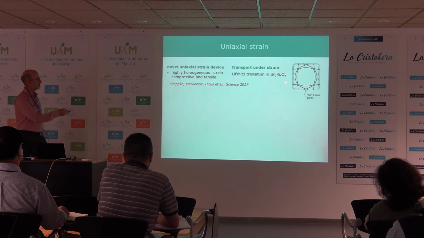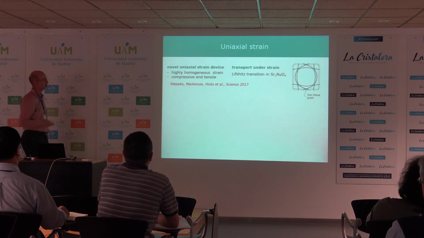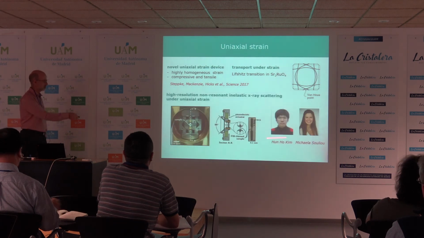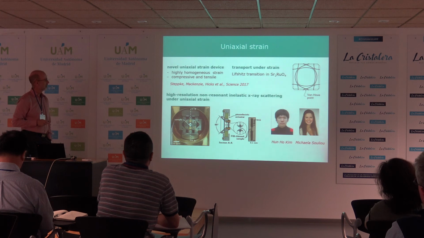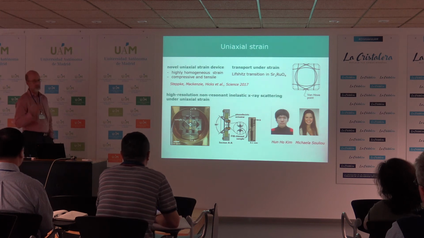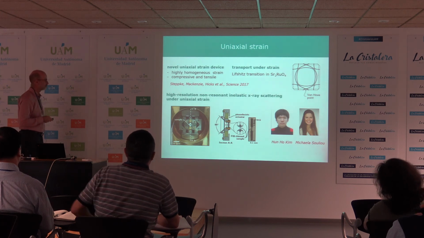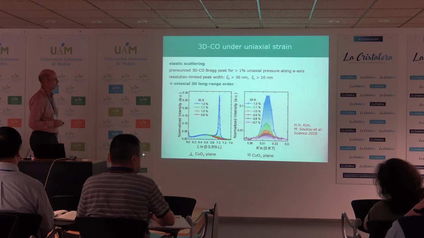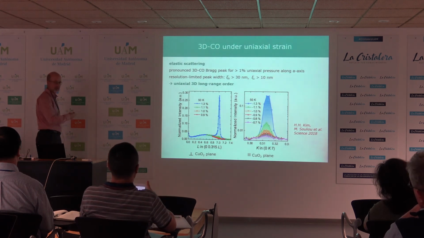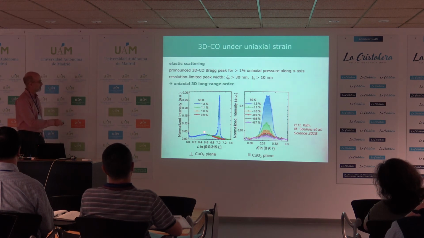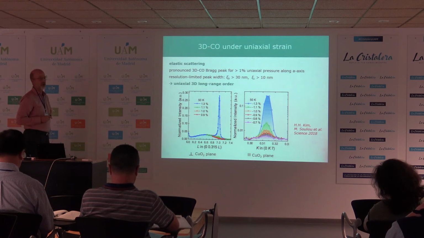His group used it to study strontium ruthenate, for instance, the Lifshitz transition in strontium ruthenate. These two students here adapted this technique for X-ray scattering so that we can also work in transmission. We now studied the same phenomenon here: charge density wave as a function of momentum transfer perpendicular to the copper-oxide layers and within the copper-oxide layers, as a function of uniaxial strain, up to about 1%.